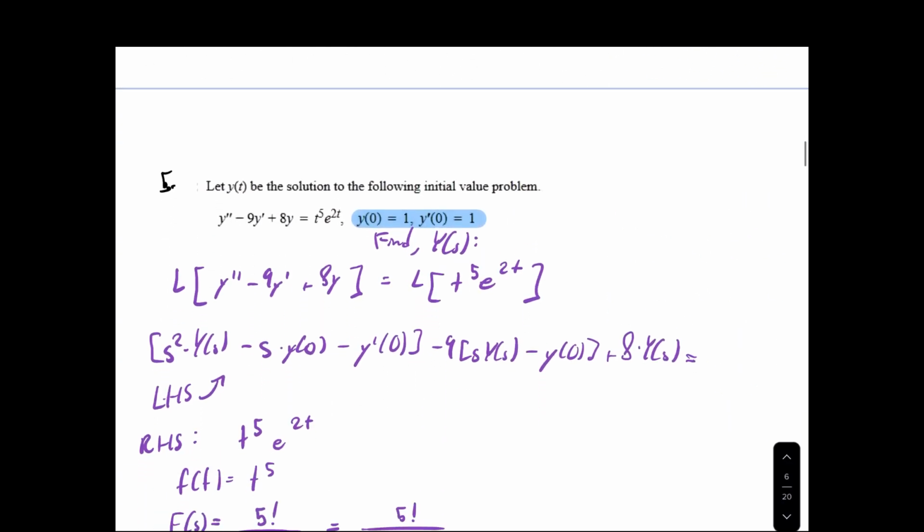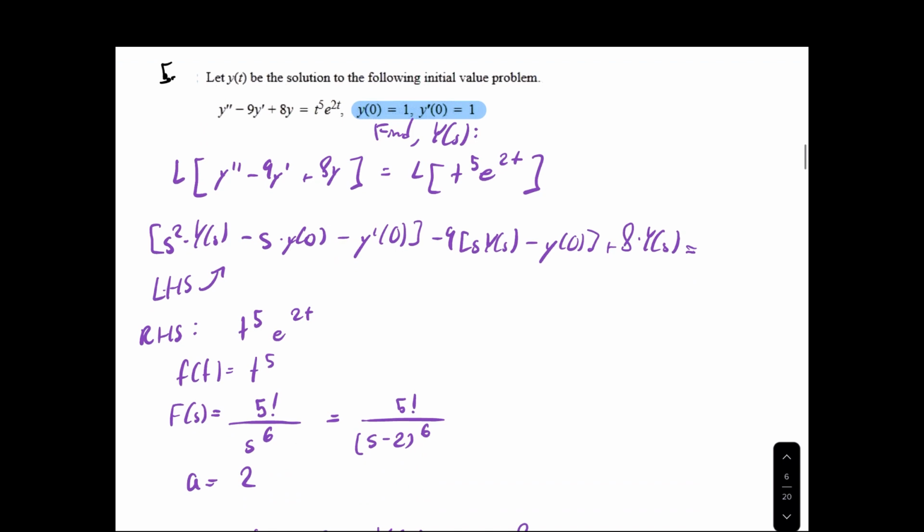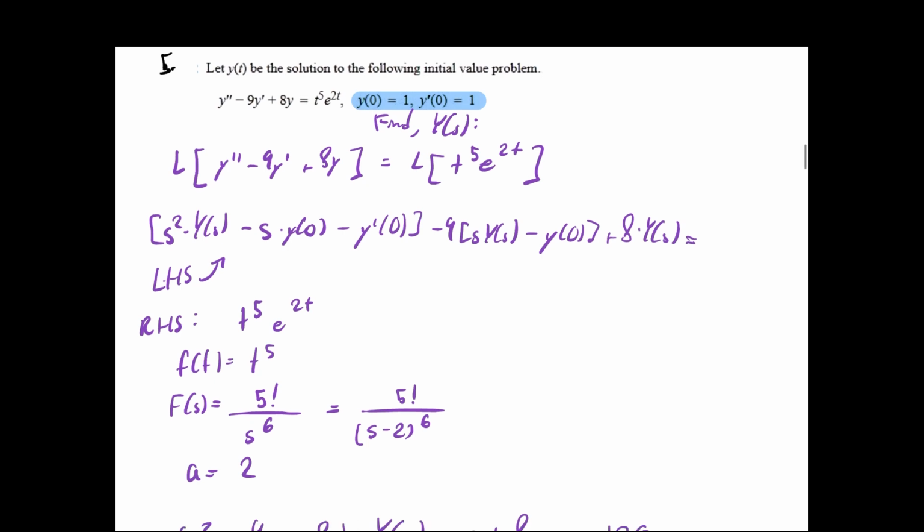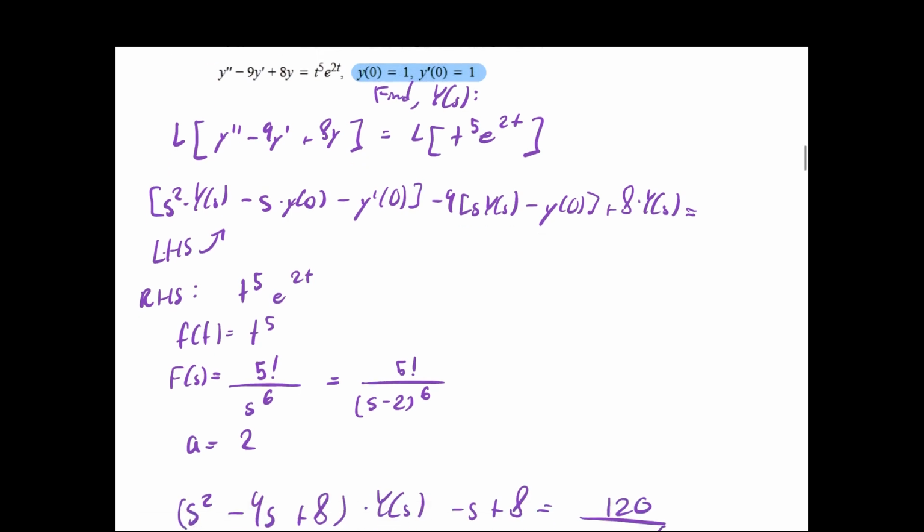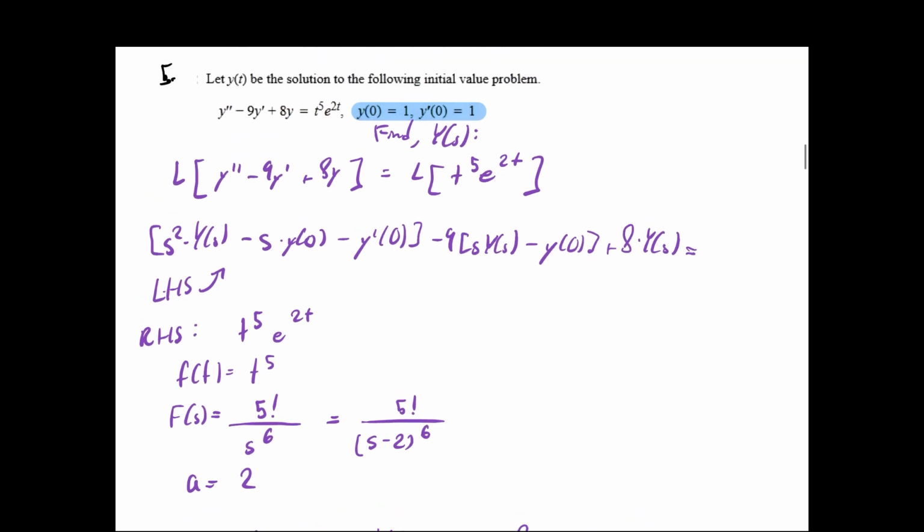Okay, so moving on to the fifth question. We have an IVP, and we take the transform as we always should. I broke this part up into a left-hand side and a right-hand side case. So our left-hand side is nothing too crazy.